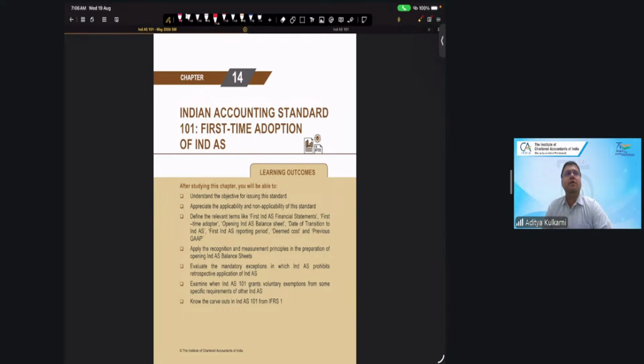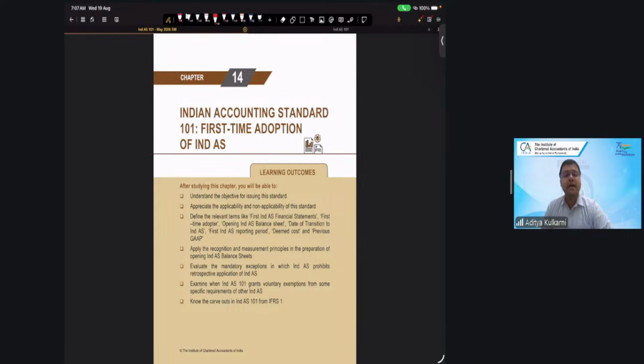So I deal in air conditioner sales, and I sold my air conditioners to my customers, and along with the air conditioners I have also given a 3-year warranty. Now under accounting standards, how would this be accounted? I would record the sale the moment the control in the goods, the title of the goods, is passed on to the customer.